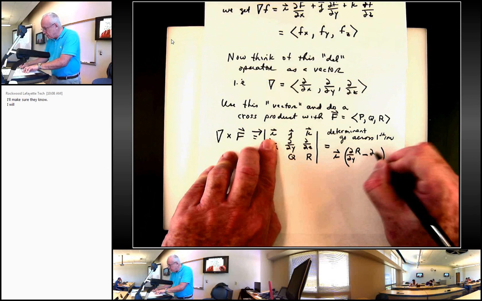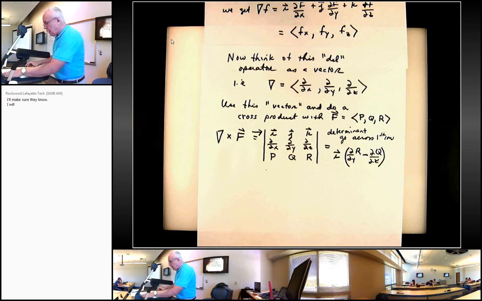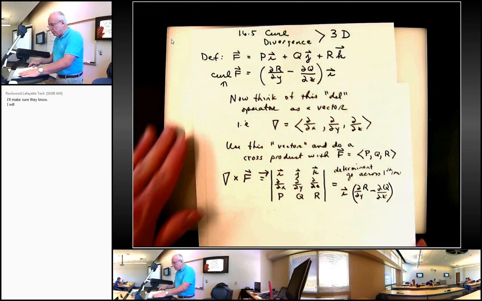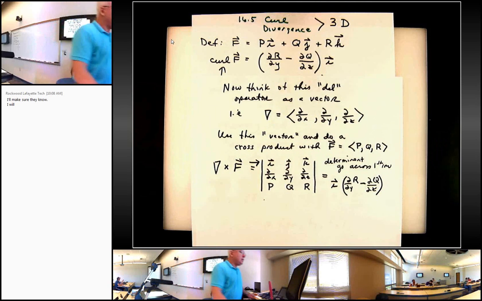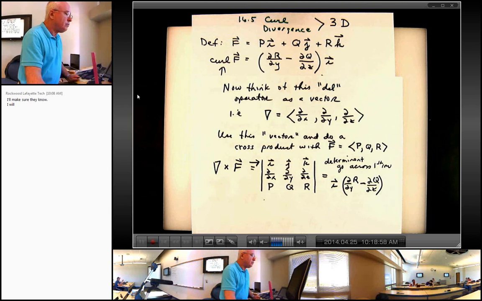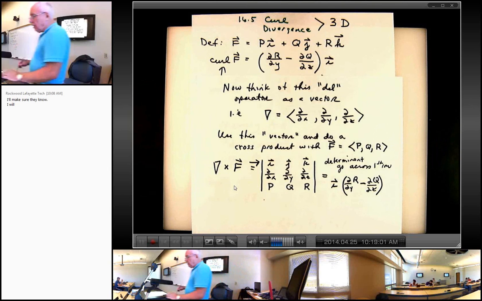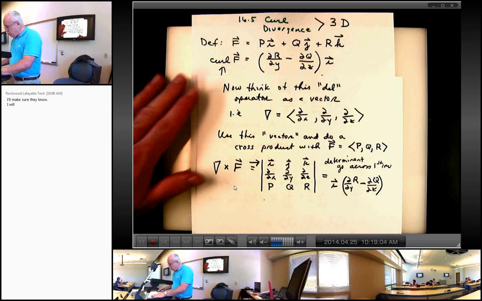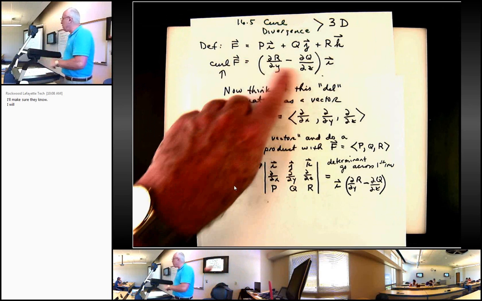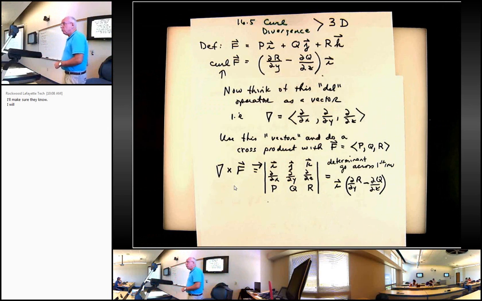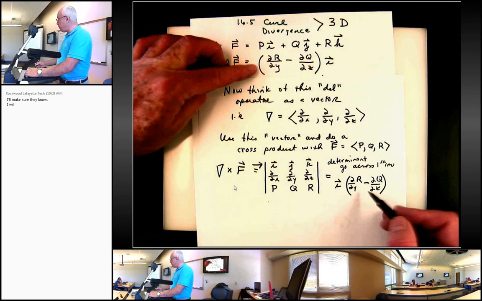Before we go further, let's look at our original definition of the curl. The first component that we've come up with here matches the first component in our definition. Everybody see that it matches up?